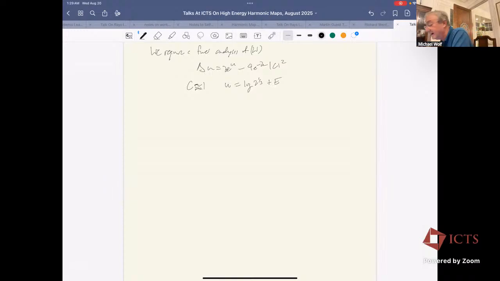Okay, so what's the error? We can look at what the equation for the error is, plugging in u and plugging in c. And what we find is that the error looks like Laplacian E equals 12E plus some higher order terms. Okay, so that's the deviation.